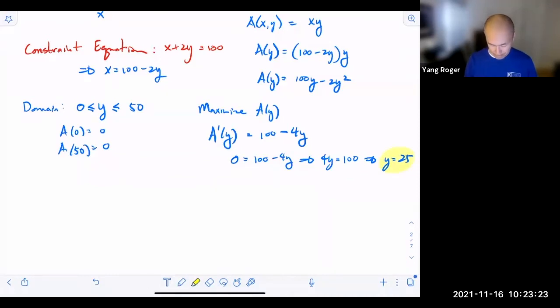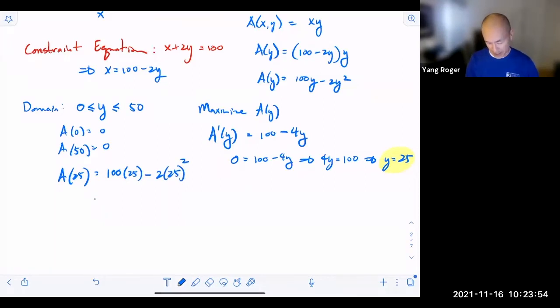At this step, if you were able to recognize that this is a closed interval question, then you could just calculate what A of 25 is. And A of 25 would be 100 times 25 minus 2 times 25 squared.